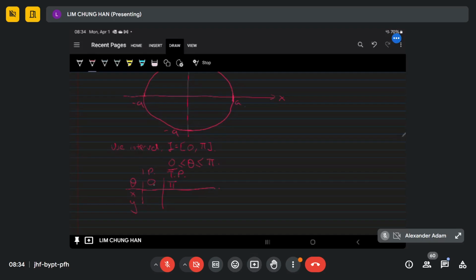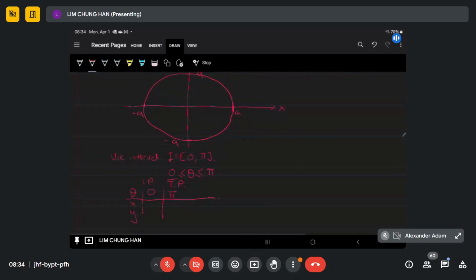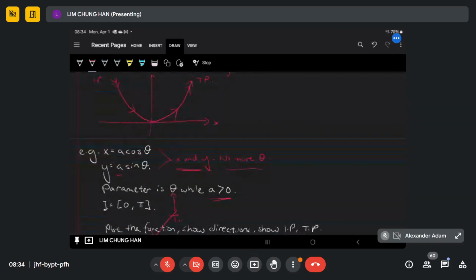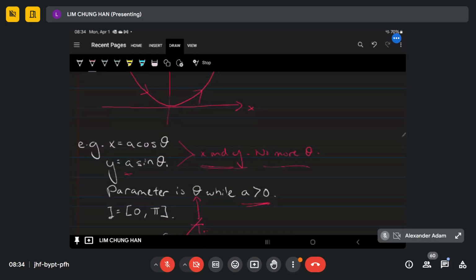So now, can someone calculate x and y for me? So you put theta equals to 0 back into these two. So x is a cos theta. If theta is 0, what do you get for x?